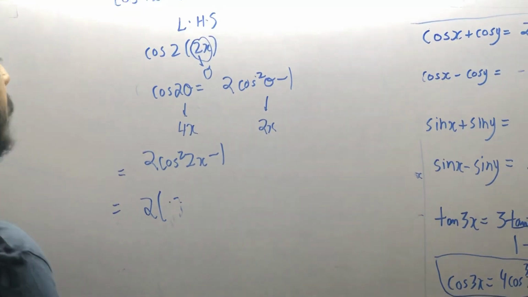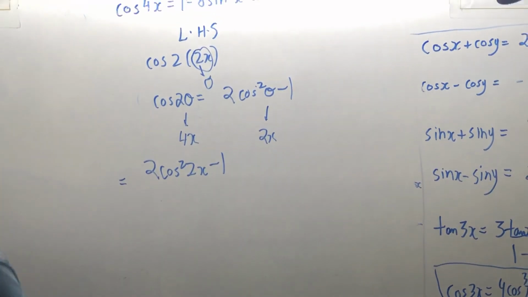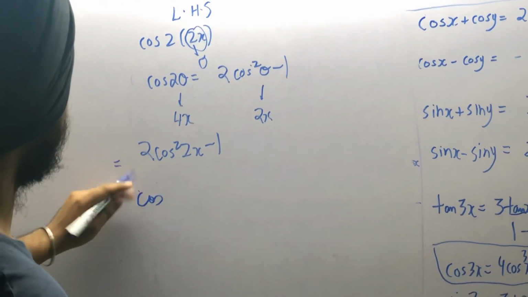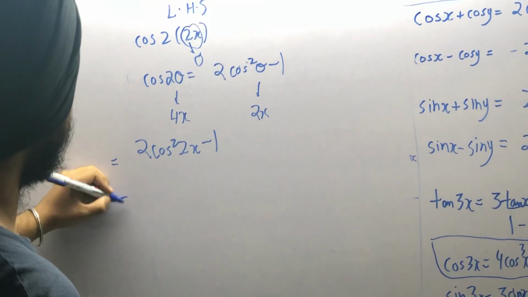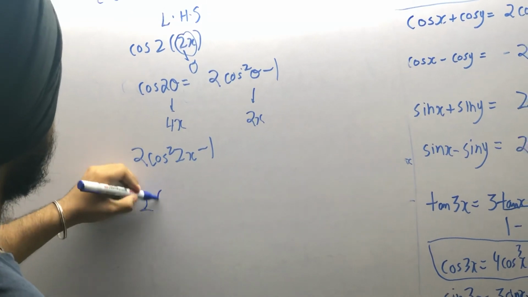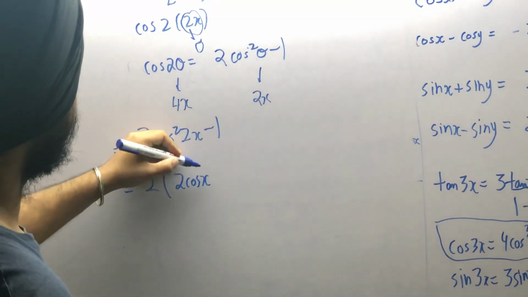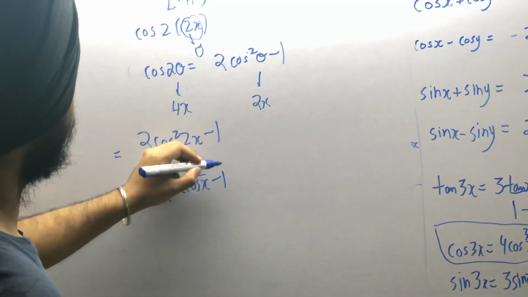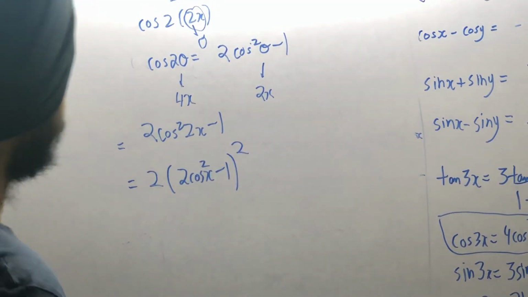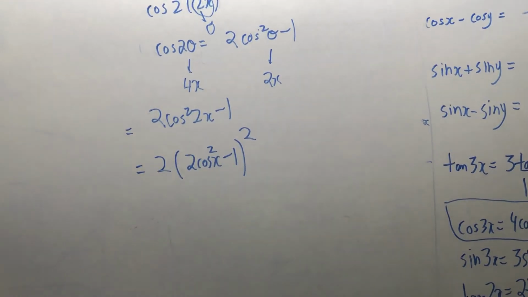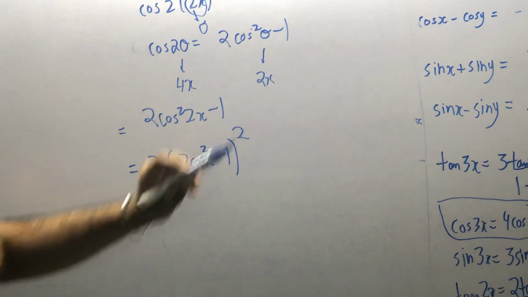Cos square 2x is how much? Okay, cos 2x is what? 2 cos square x minus 1.